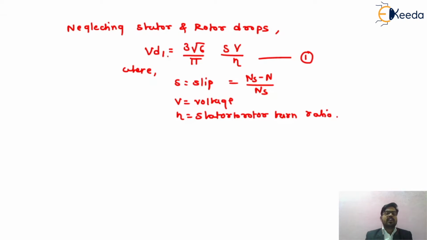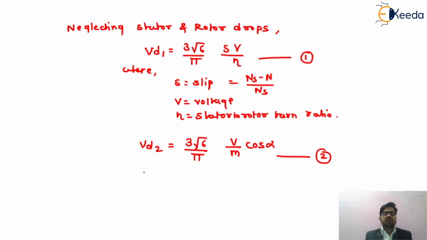For your converter number 1, similarly we can write the output equation of converter number 2, that is VD2 equal to 3 into root 6 by pi into V by m into cos alpha. We call it cos alpha.